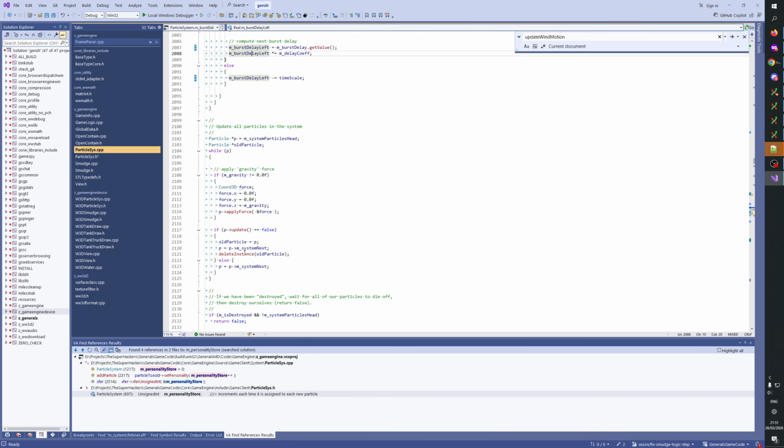Okay, I don't see anything here. Okay, update all particles in the system. Gravity. Apply gravity force.